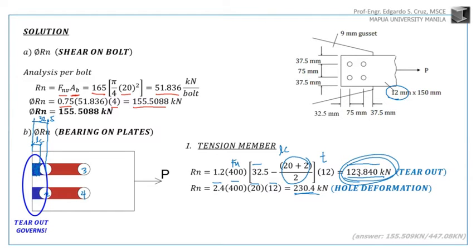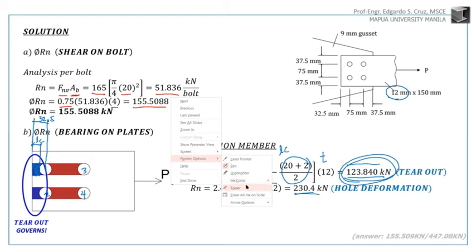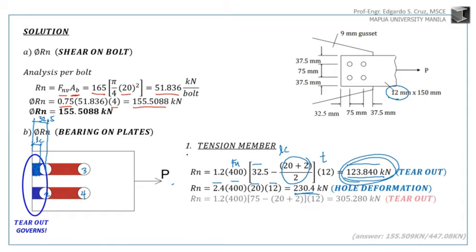Next, let's take a look at bolts number 3 and 4. For tear out, the red shaded part is its Lc.